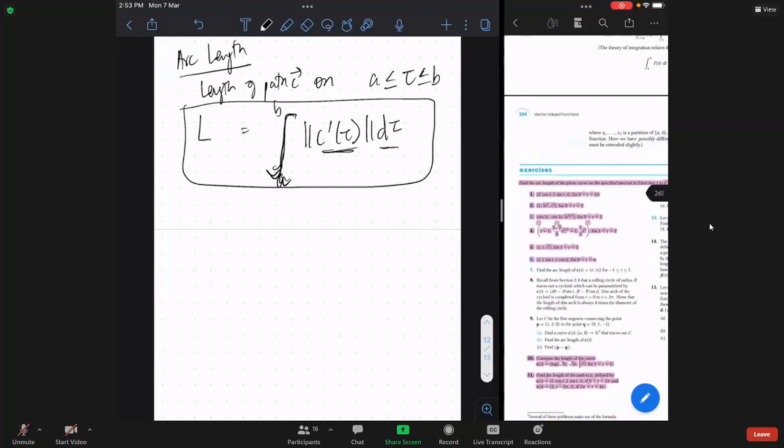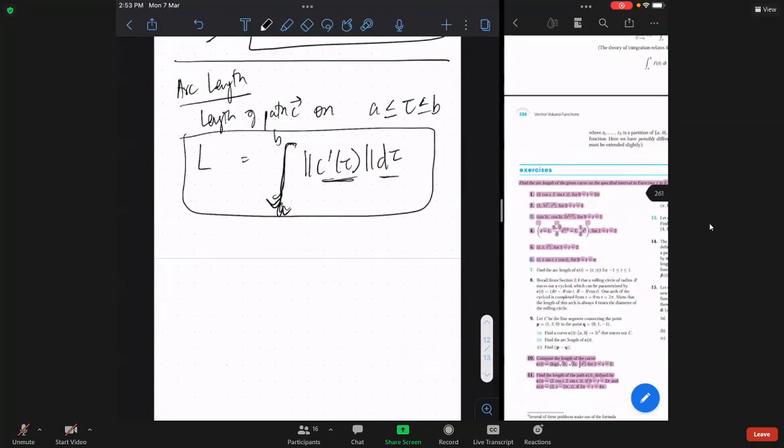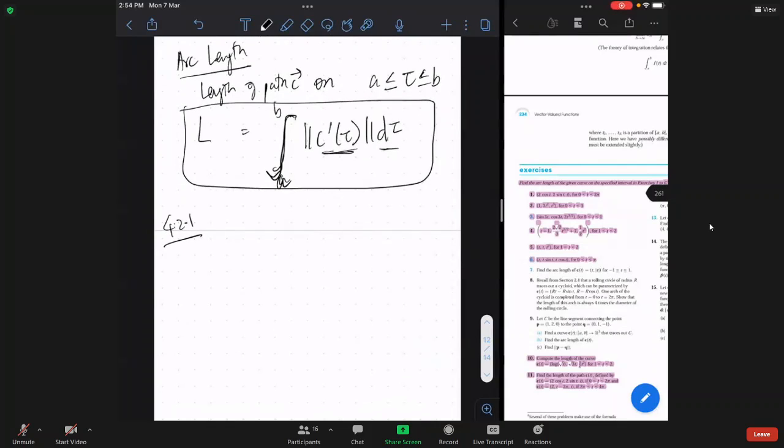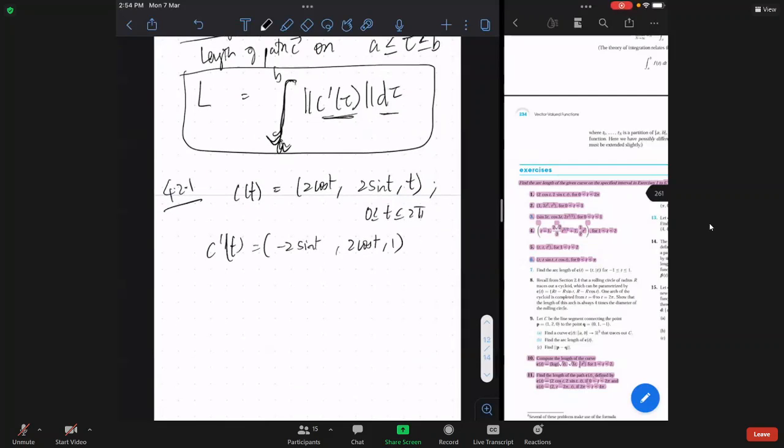Let's solve one or two problems so that you get how to find the arc length. Let's solve the first problem. Here C of t is 2 cos t, 2 sin t, and t, and the interval given is from 0 to 2 pi. Let's find c dash of t, which is minus 2 sin t, 2 cos t, and 1.